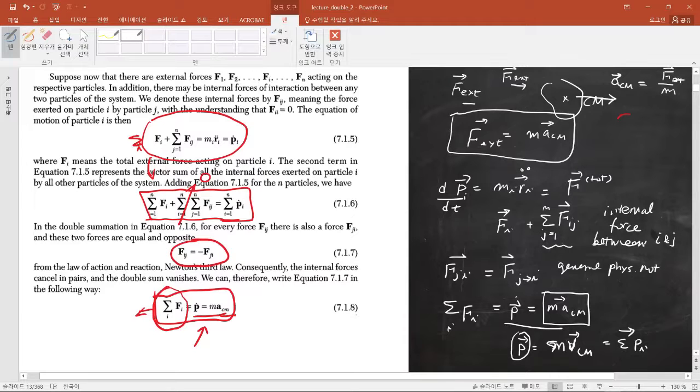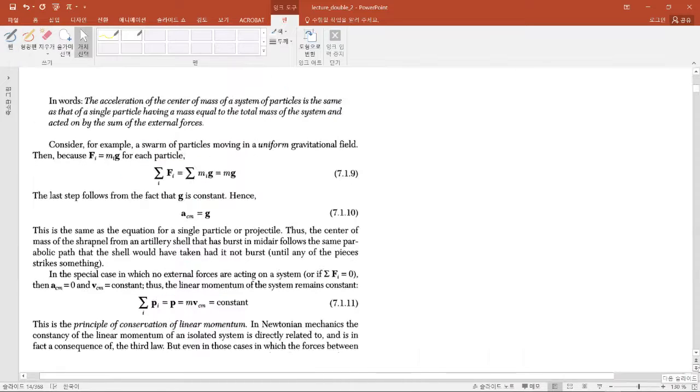So that is also one of the consequences of the definition of center of mass.